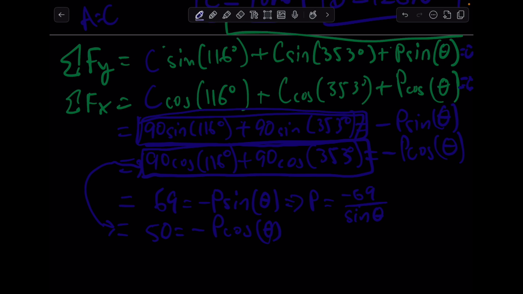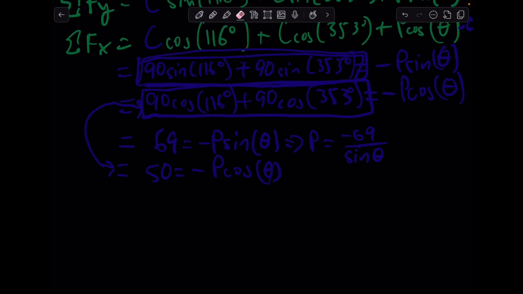If we plug it in here, minus times a minus is going to be positive, so 69. We're going to plug it here. That's all I'm doing. So we're going to get 69 cosine theta over sine theta.